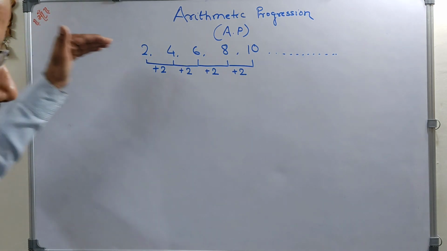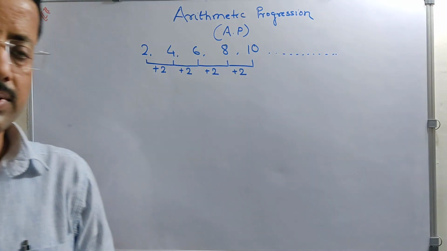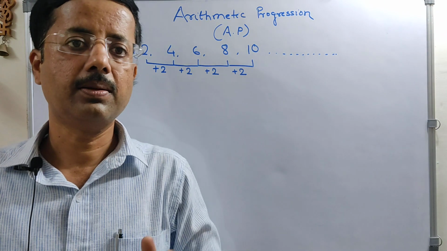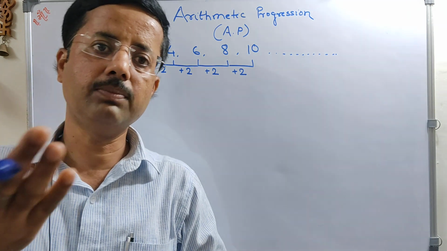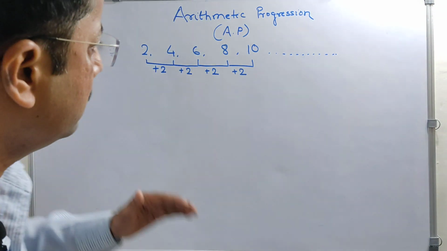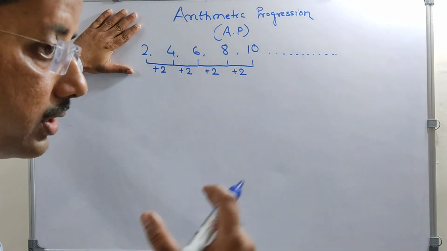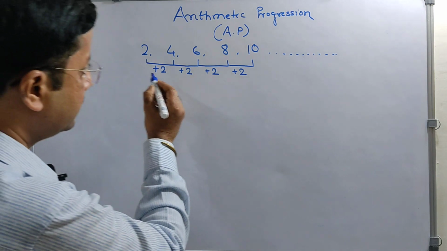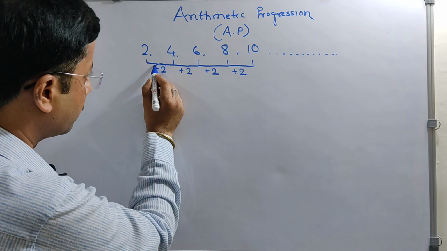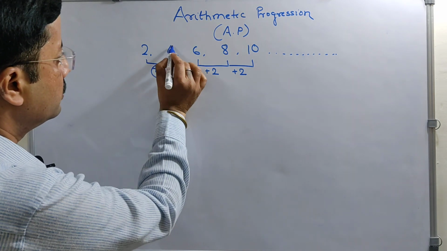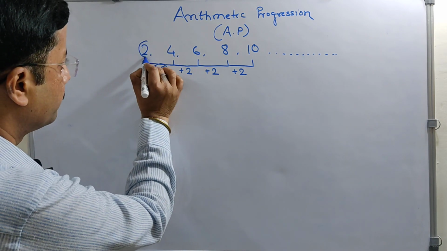So a series of numbers which is obtained by adding one constant term to the preceding term is called arithmetic progression. What did I say right now? A series of numbers which is obtained by adding a constant, 2, to the preceding term.